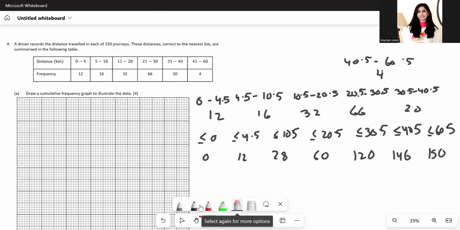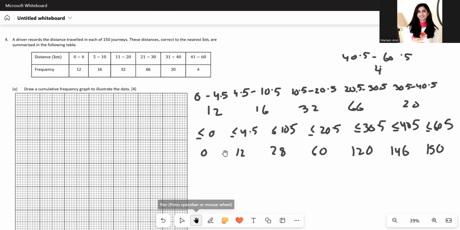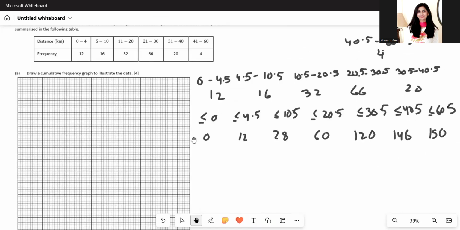Now we're going to plot 0, 0; 4.5, 12; 10.5, 28; and so on till 60.5, 150 on the axis provided. We will first need to choose an appropriate scale. The x values need to go from 0 to 60.5, and the y values need to go from 0 to 150.